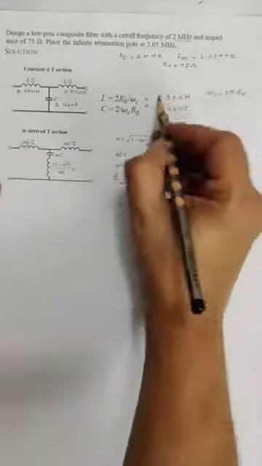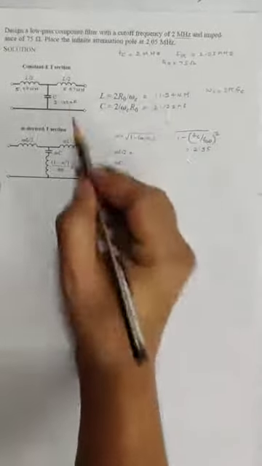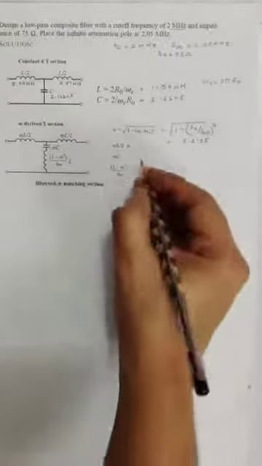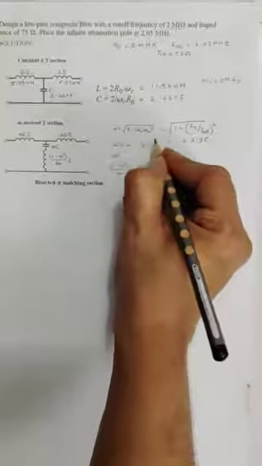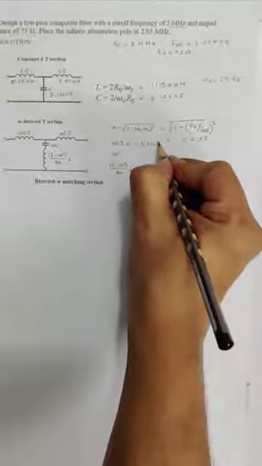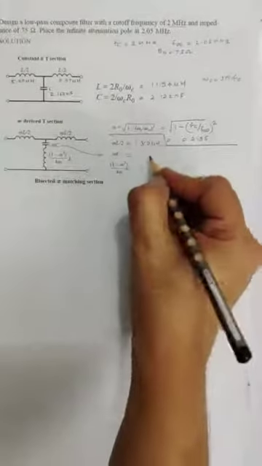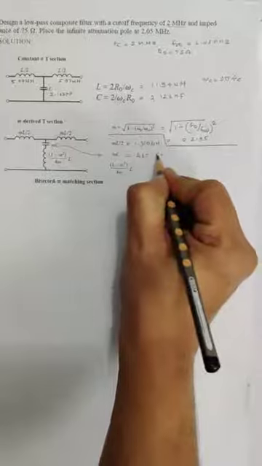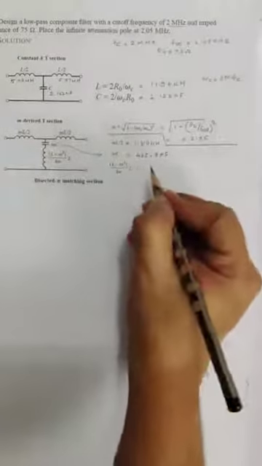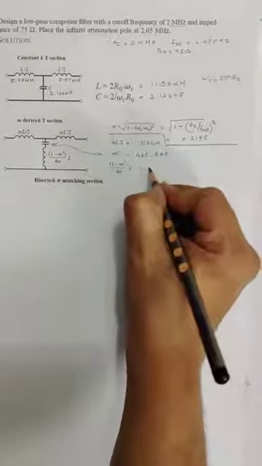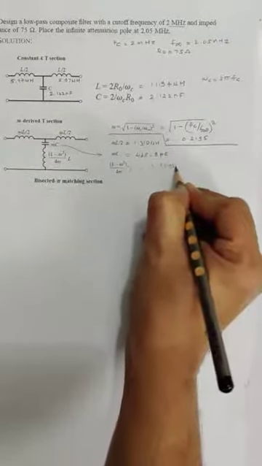We'll use the same L and C, this C being 2.122. So m L by 2 turns out to be 1.310 microhenry. This capacitor m C turns out to be 465.8 picofarad, and this inductor turns out to be 12.94 microhenry.